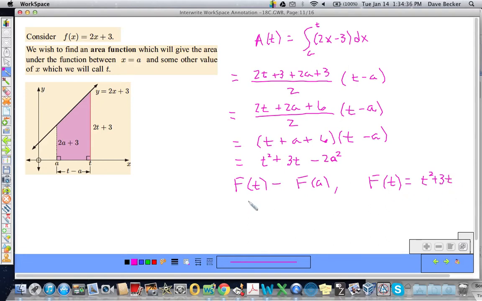Which is equivalent to, since t is along the x-axis, capital F of x equal to x squared plus 3x.